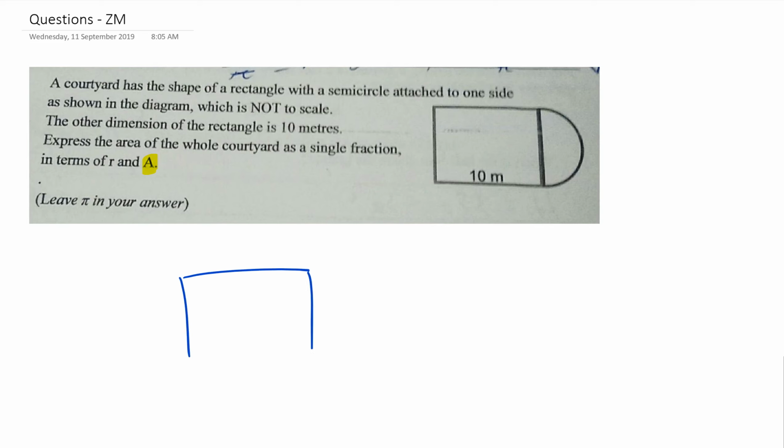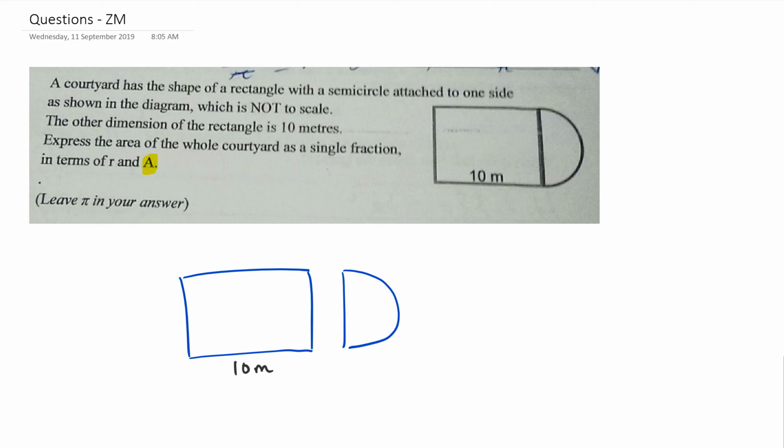So what we have is a rectangle first, and then a semicircle that's going like this. Now for the rectangle, we know what the base is. That's 10 meters. As for the semicircle, we don't know any measurements at all.